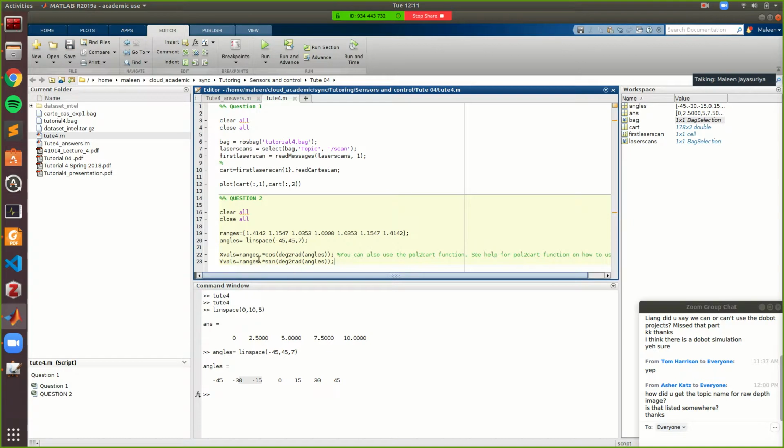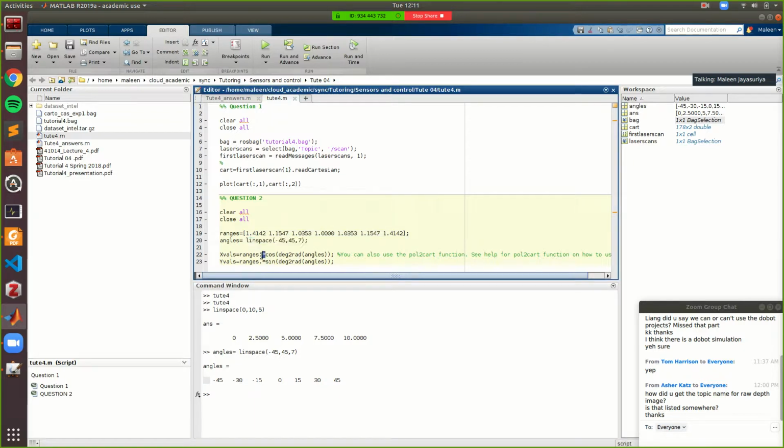So you probably can see that I've used a dot and then multiplication, which does element-wise multiplication instead of matrix multiplication, right? Because we have two arrays here. We have one array of the ranges, and another array of the angles.